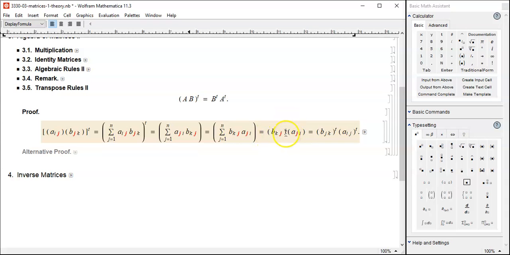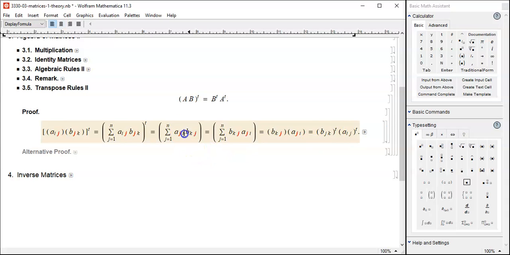What is this matrix? It's a transpose because we start with Bjk and then switch the order of indices. Row became column, column became row. So this is transpose of B. And this Aji, that's also the transpose of A. So we got what we wanted. This thing over here, Bkj, is transpose of B. And this one over here, Aji, is transpose of A. The transpose is actually flipping over.